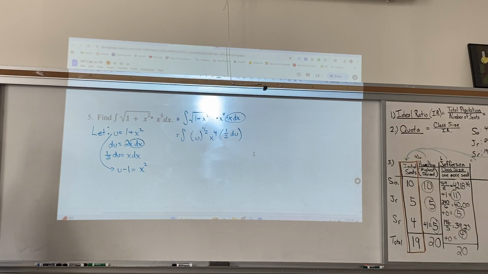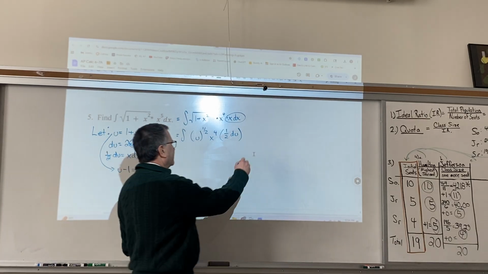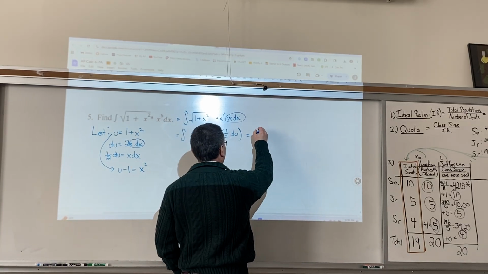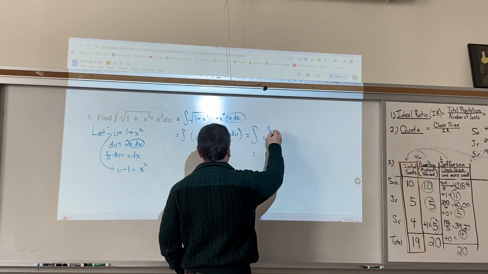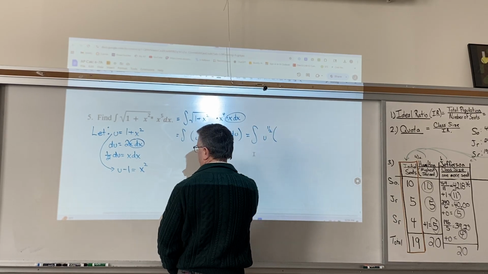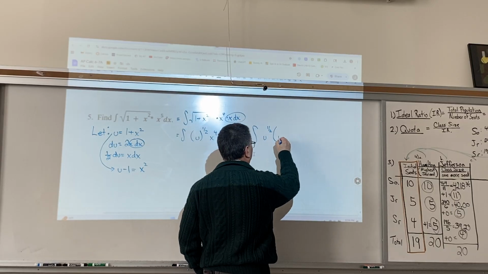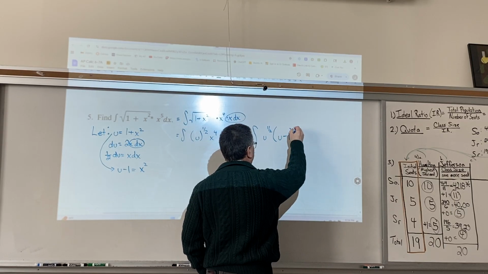So u minus 1 squared. There we go. Yeah, that brings everything in terms of u. That's what I've got. What is it? u to the 1/2 here. And then I'm going to substitute u minus 1 and make it squared.